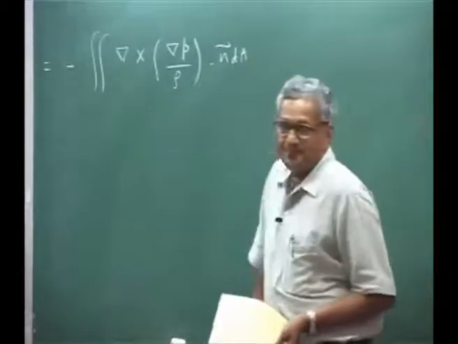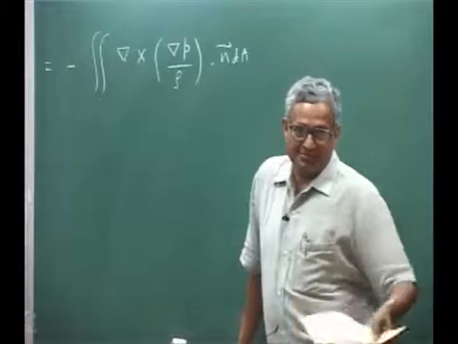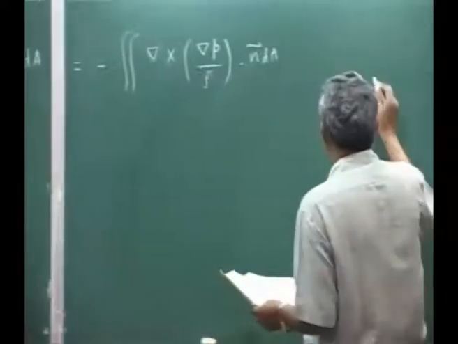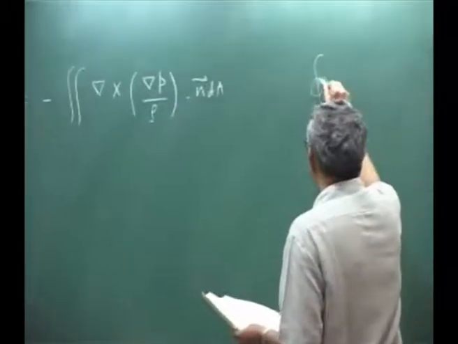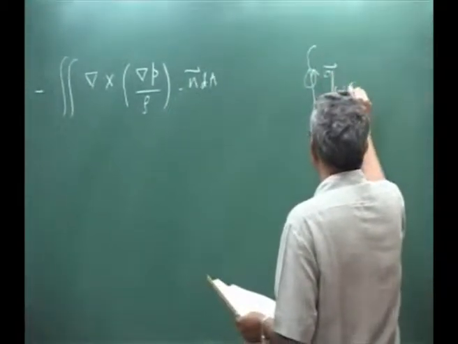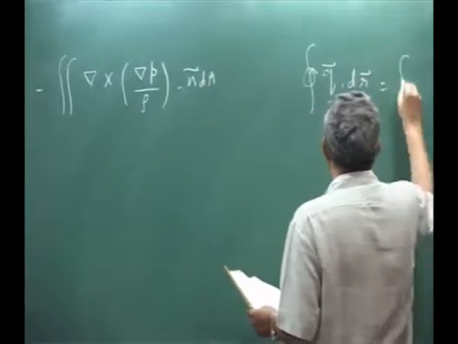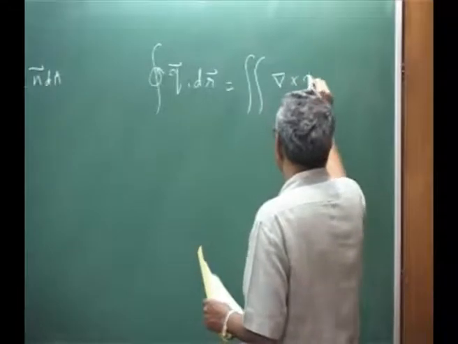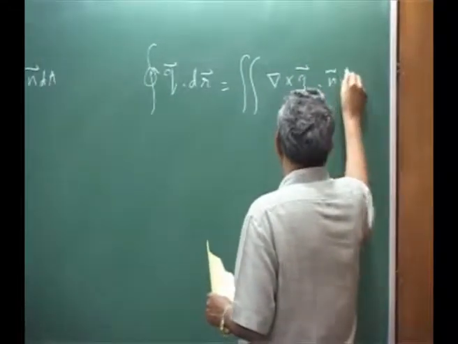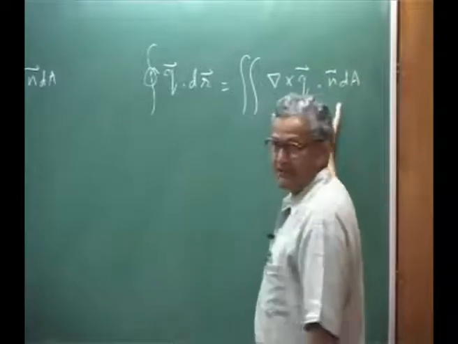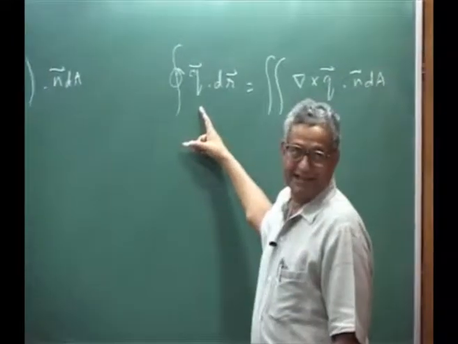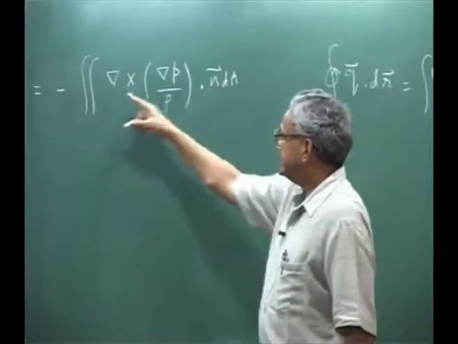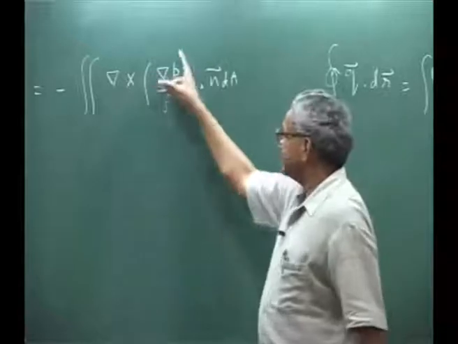Now you apply Stokes theorem. Stokes theorem says that a surface integral is converted into a line integral, so q dot dr is the integral of del cross q dot n dA.